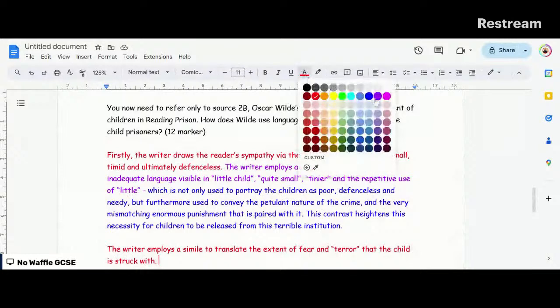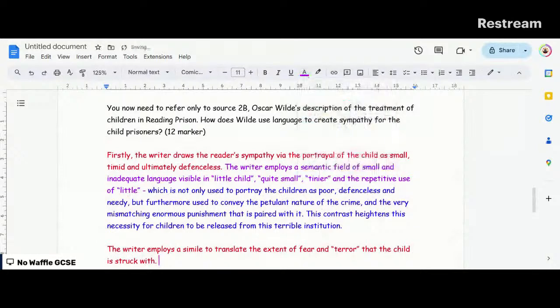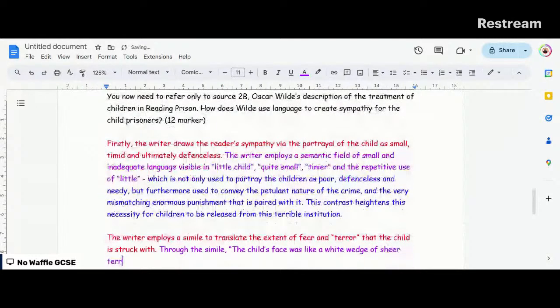So again, changing colours to purple. Through the simile, the child's face was like a white wedge of sheer terror.